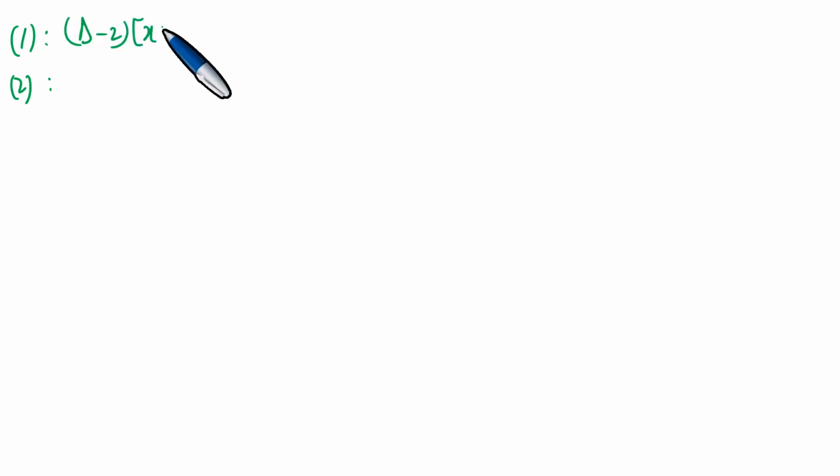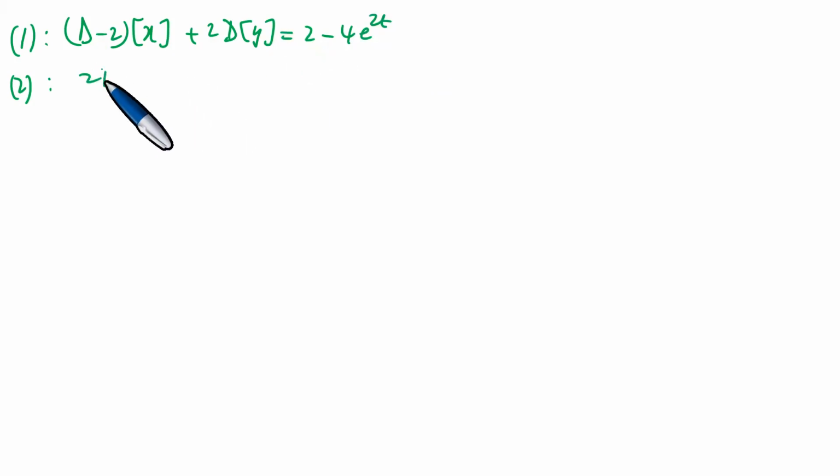Okay, so I'm going to write down the equation, the given system. Right, so it has equation 1 and equation 2, and it is as follows. It is d minus 2, okay, just eliminating y now, and with 2dy, which is 2 minus 4e to the twice t, which is twice d minus 3, like this.